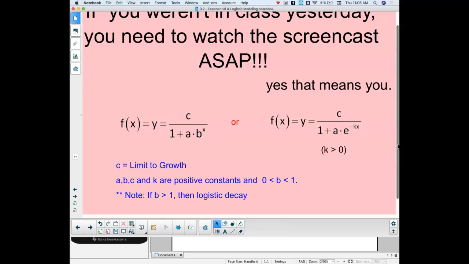So c is our limit to growth. A, B, C, and k are positive constants, and b is between 0 and 1. If b is bigger than 1, it's logistic decay. So we did that yesterday.